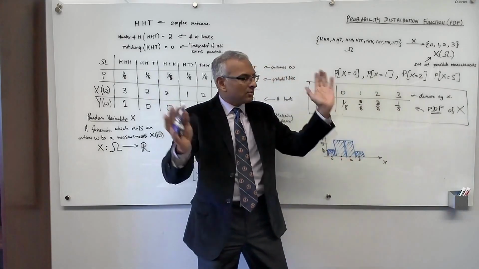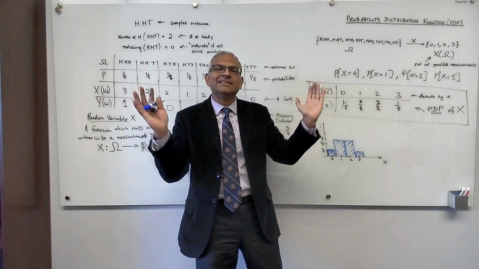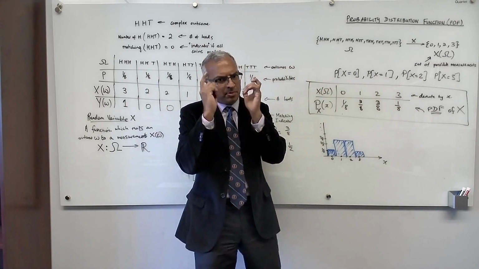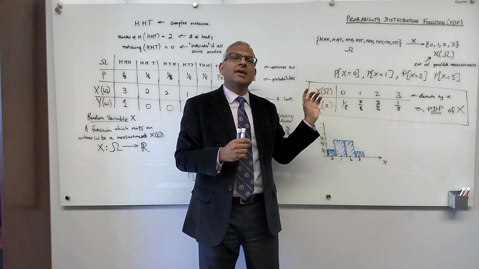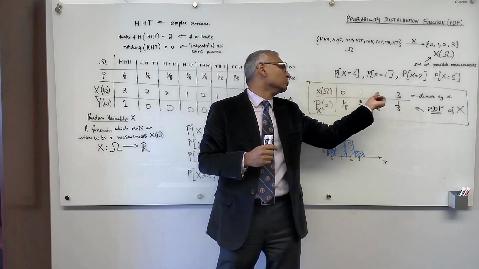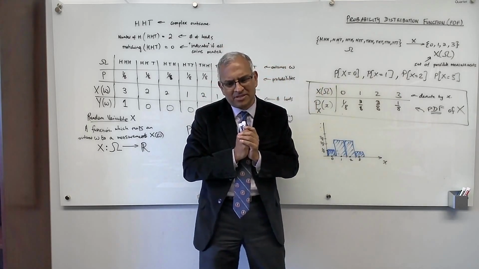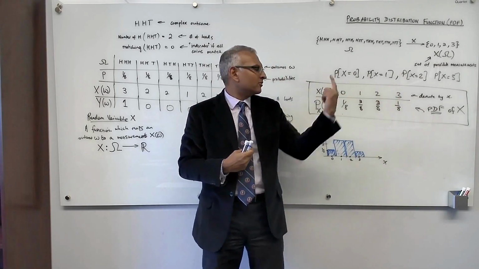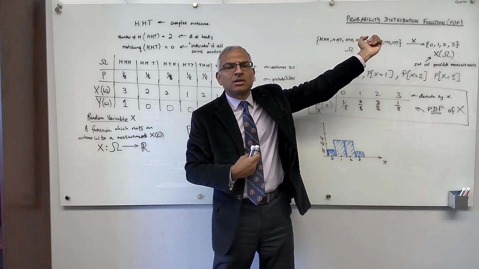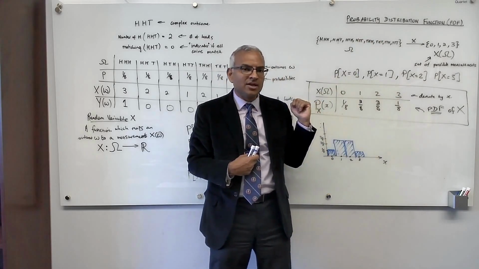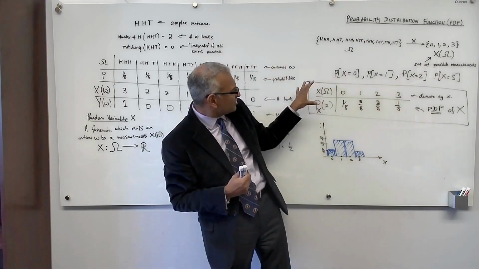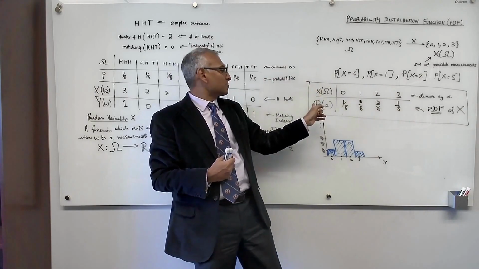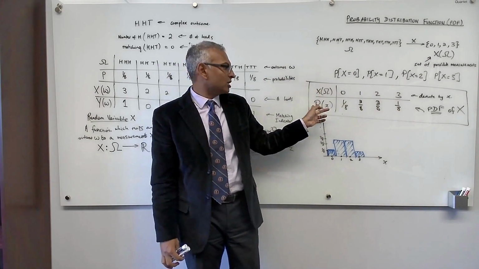So in some sense, we've created a condensed new sample space, the possible values of x, and associated with these new outcomes, these are just the outcomes that we are interested in, the property of the actual complex outcome, the measurement that we are interested in, and the corresponding probability. So this is just like a new sample space and probabilities corresponding to that new sample space.